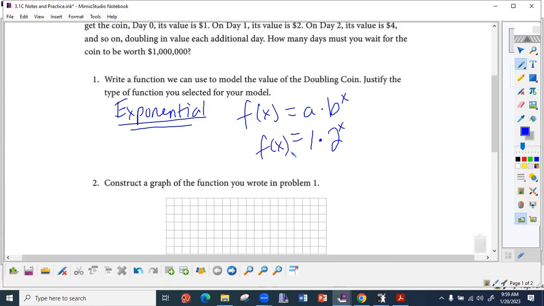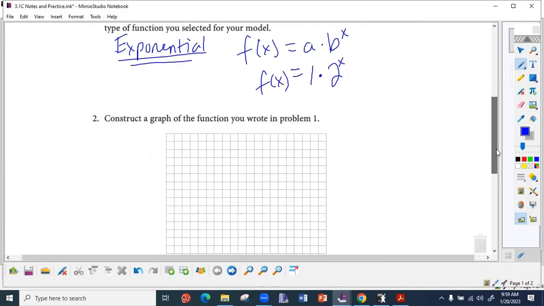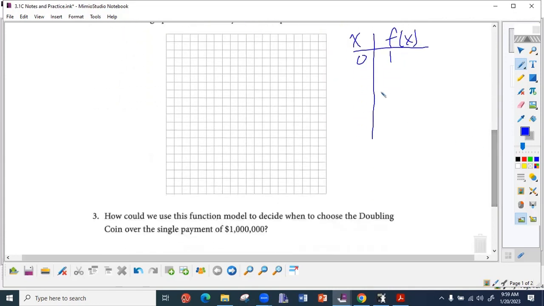Cool. All right, we're going to make a table and a graph to support this. So my table, my x values, and my y values. Day 0, I'm worth how much? 1. Day 1, 2. We're only going to go up to 5. Is that cool with y'all?